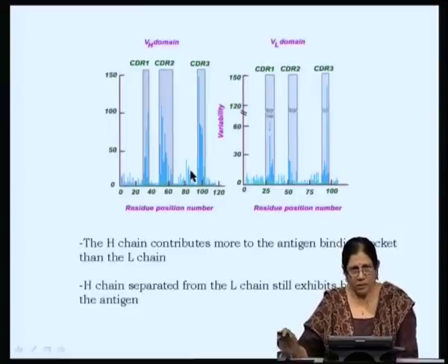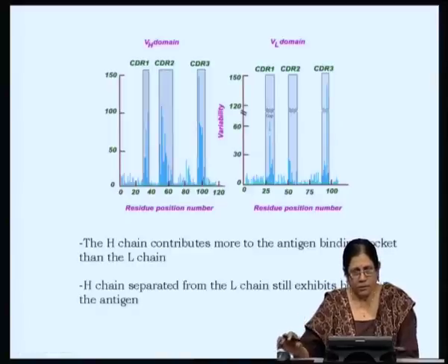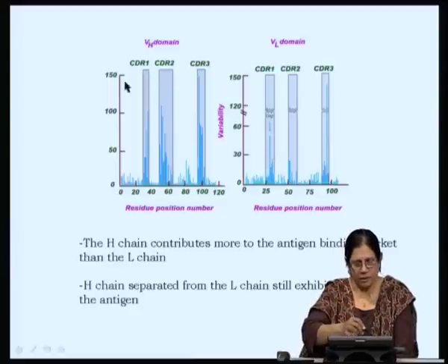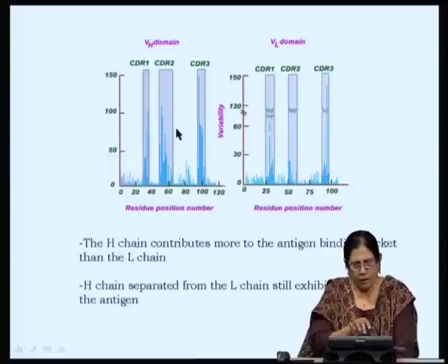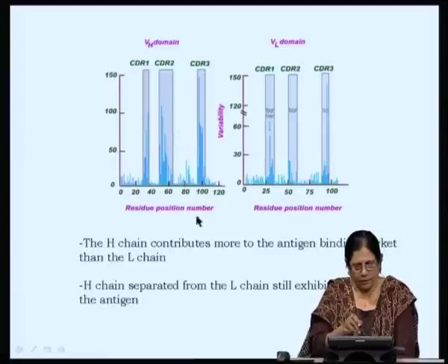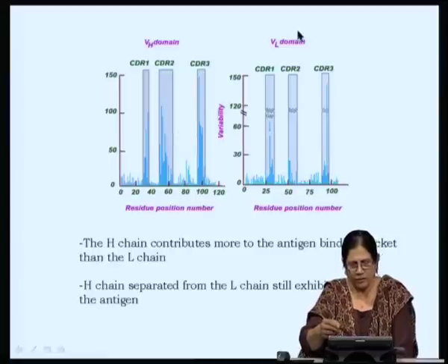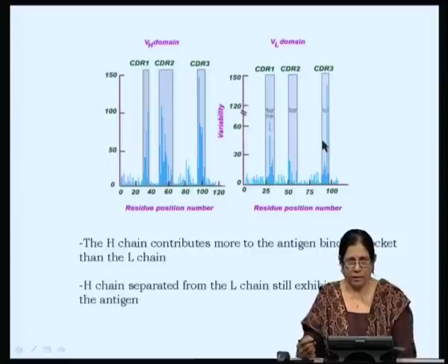Now, once the sequences came to be known, on closer look at the variable domains, there are two graphs here before me. One shows the variable domain of the heavy chain and the other the variable domain of the light chain.